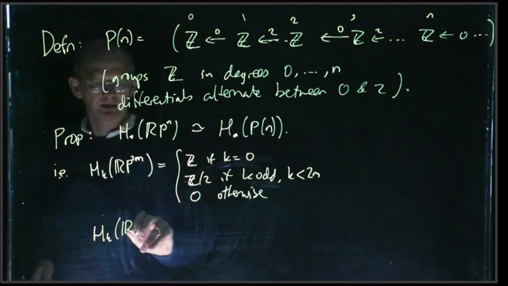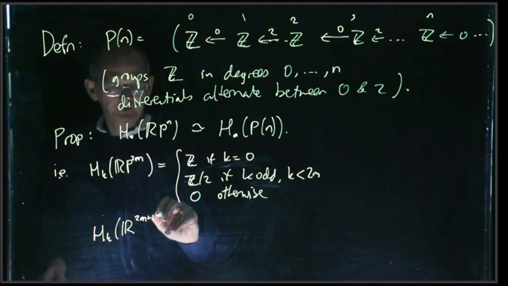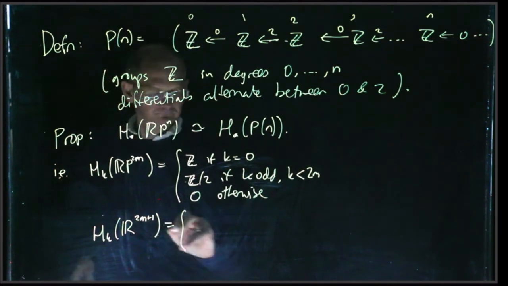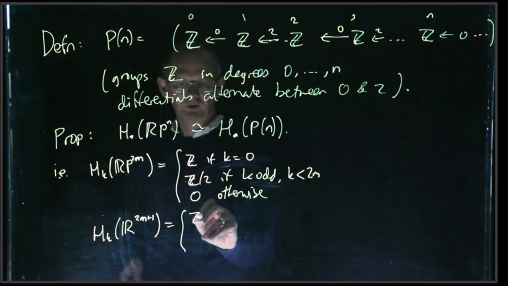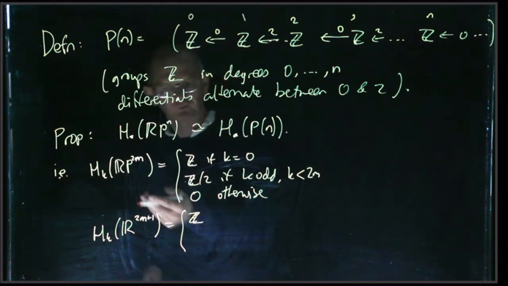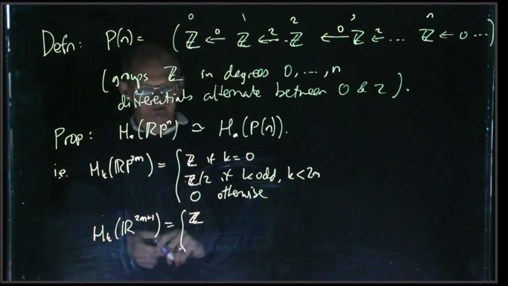And if you look at the odd case, it turns out you actually have two Z's. If you remember, we discussed RP1. RP1 is just a circle, so it's got two Z's.